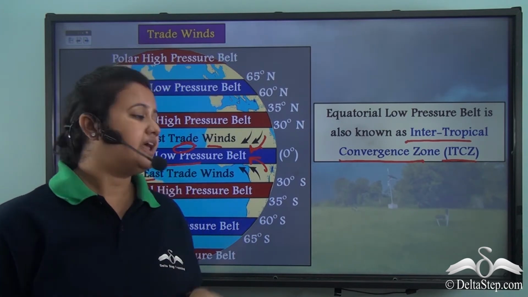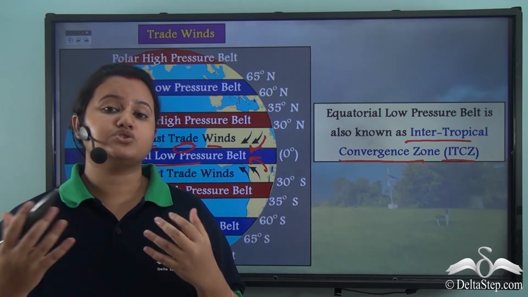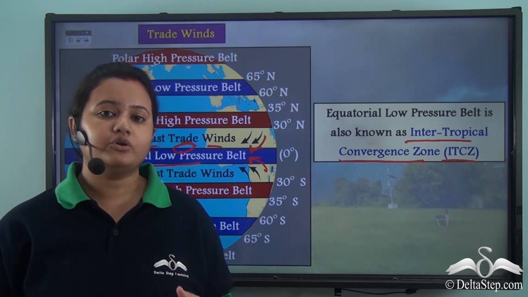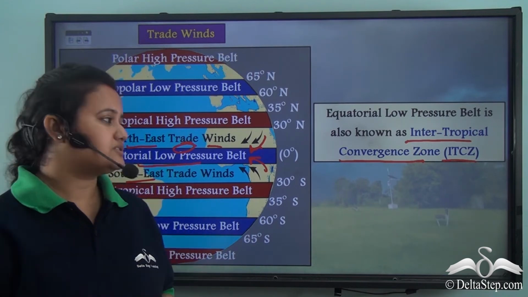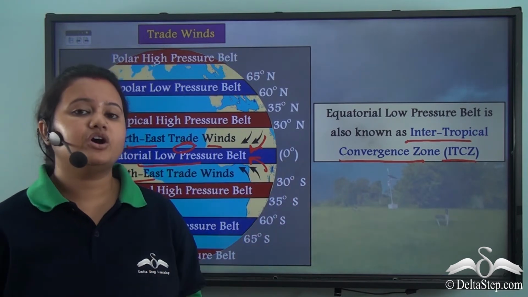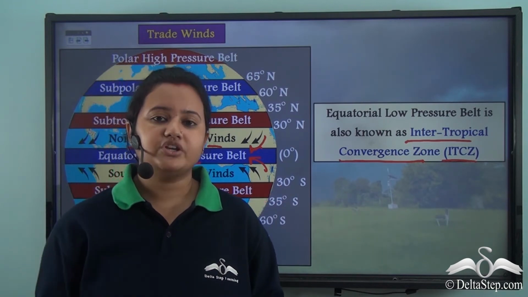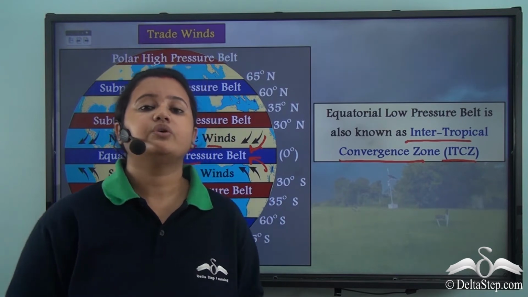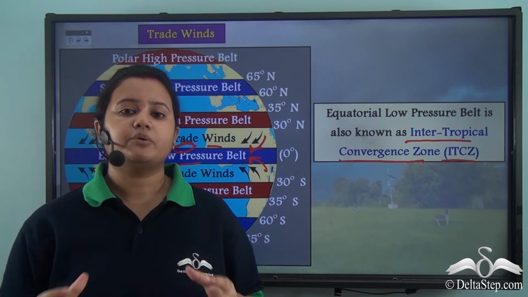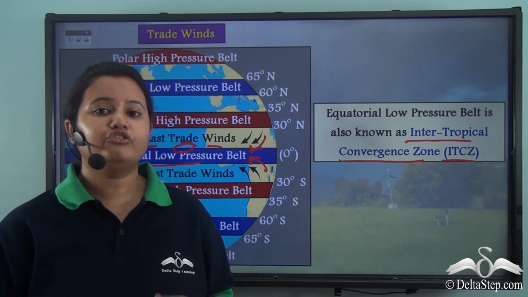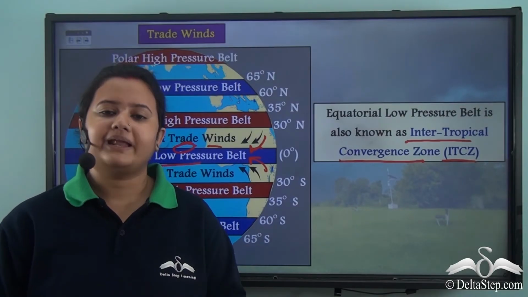Due to this reason the equatorial low pressure belt, although a calm region known as doldrums, experiences stormy and rainy weather because some of these trade winds are also onshore winds which carry moisture and cause rainfall. So the equatorial region, although being a calm region, experiences stormy weather because of the existence of trade winds. We will now discuss another type of planetary winds.